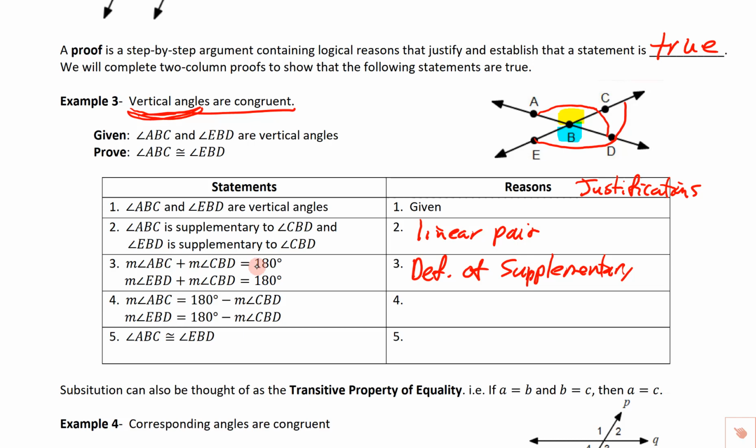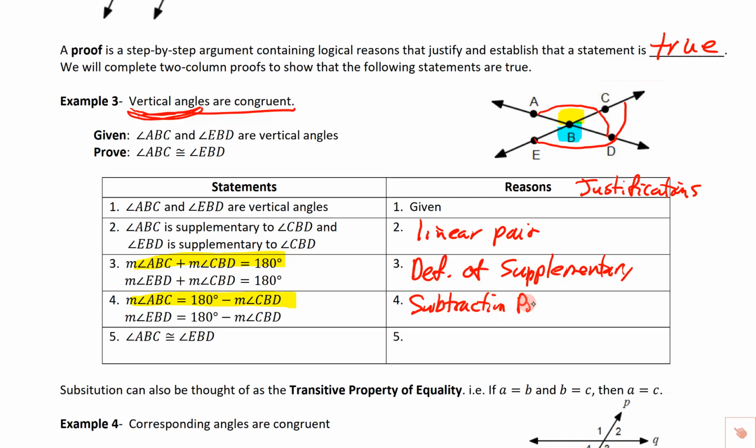Now, what we're going to do right here is something a little bit clever. We're going to take this equation right here, and let me highlight it. We're going to take that equation, and we're going to change it a little bit just by doing this. Angle ABC still is on this left side, but now you'll notice angle CBD has moved over to the other side, and we did that by subtracting angle CBD from both sides. So that's actually the subtraction property of equality, and you might remember that from previous years.